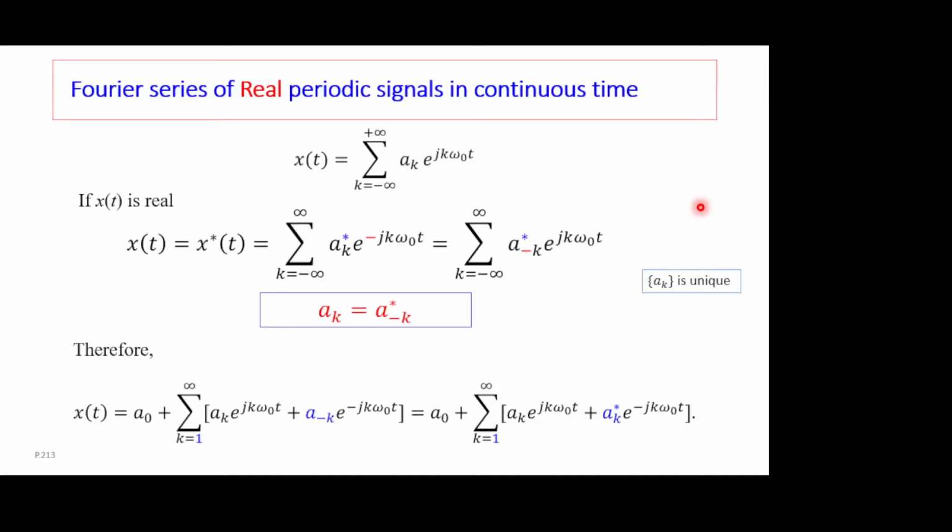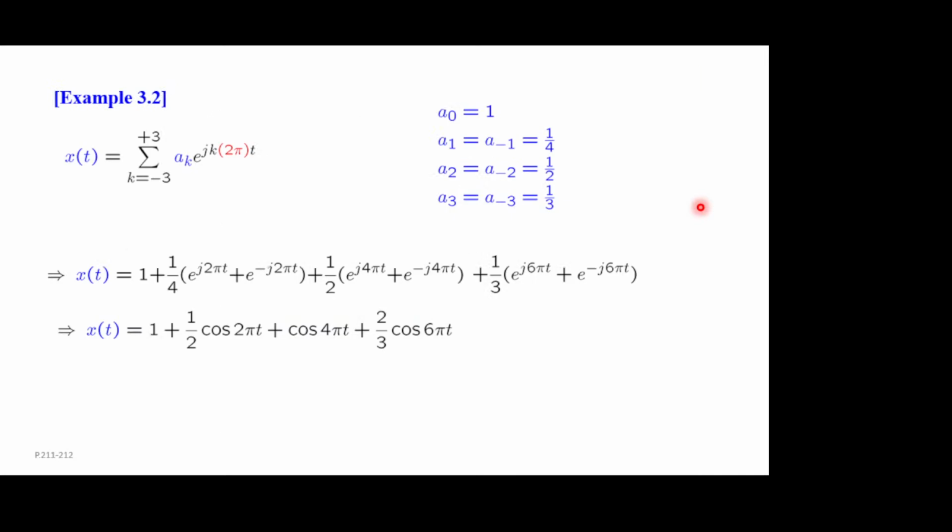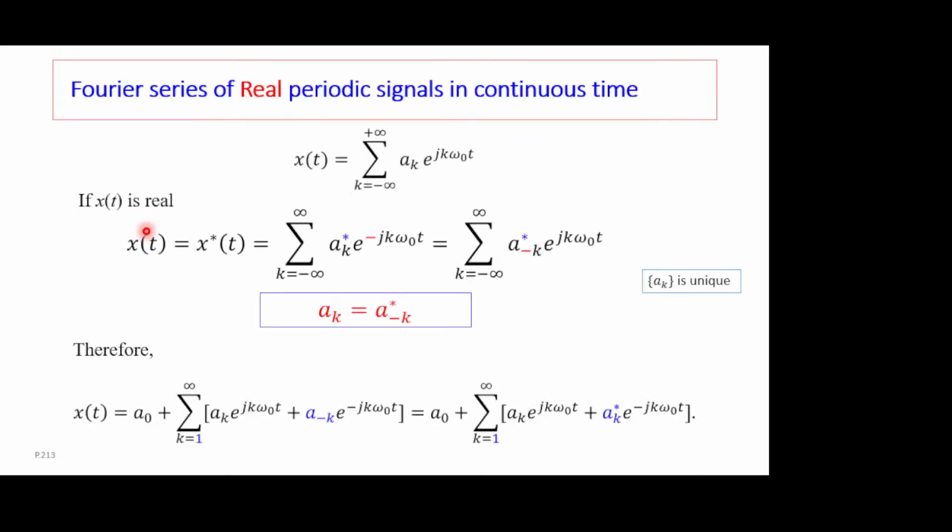As we said, this signal has a nice property that it gives you a real signal even though you have a complex exponential. So let's think about when a periodic signal is actually real when you sum over all those complex exponentials.